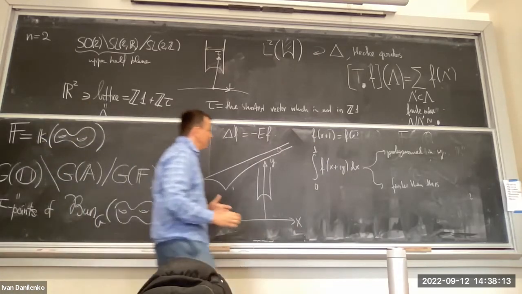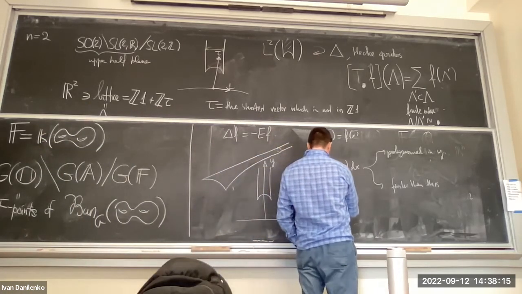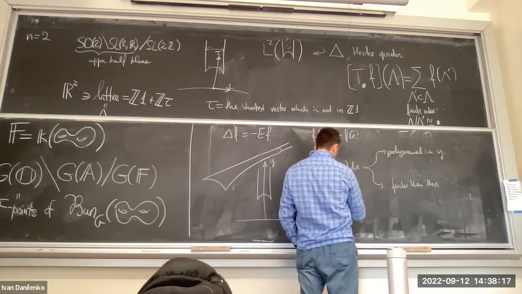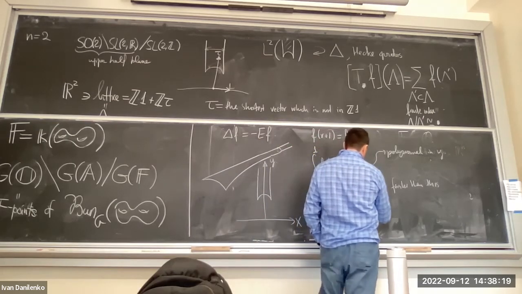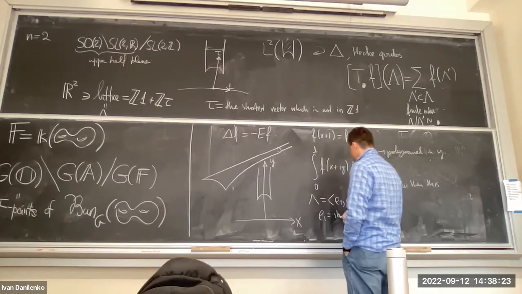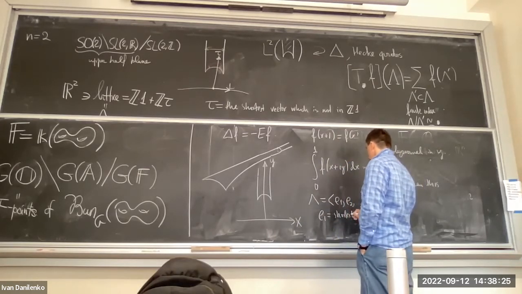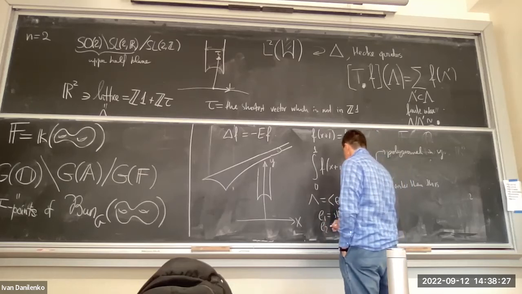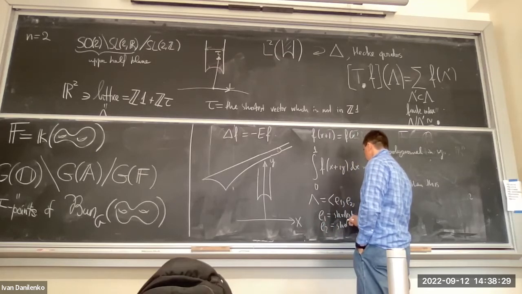If I have a lattice spanned by 1, I may assume that E1 is the shortest vector and E2 is the next one.